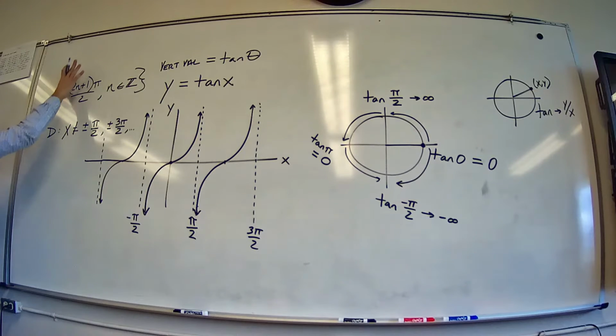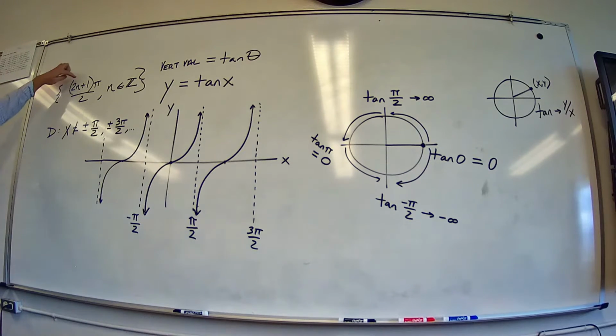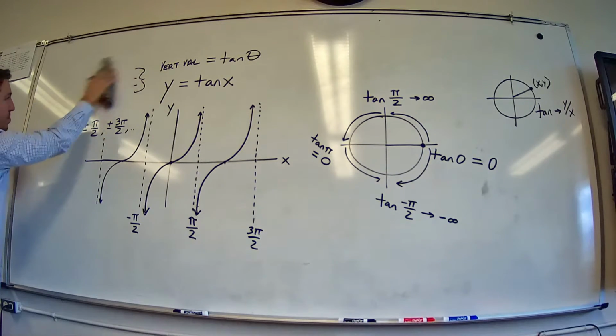I guess you don't even need the plus or minus if you say n's any integer. There you go. And you can really flex on them. Well, all that says is any odd number over 2 times pi. Because any odd number is an even number plus 1, right? Okay. It's not that essential.